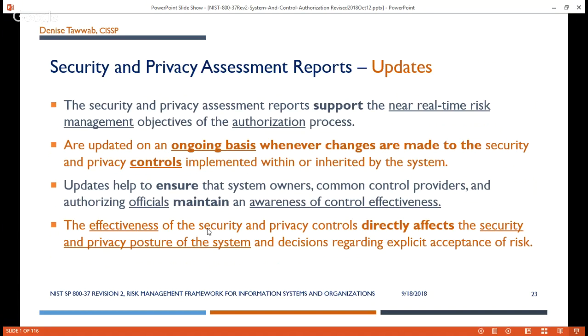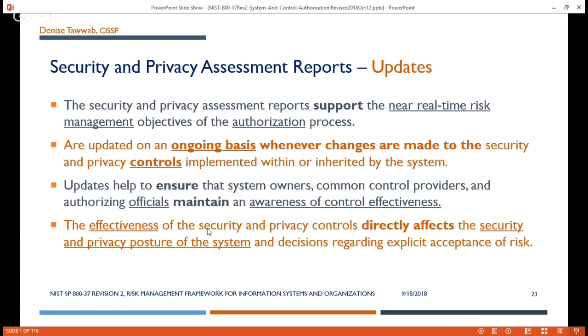The updates help to ensure that the system owners, the common control providers, and the authorizing officials maintain awareness of control effectiveness, because you can, in fact, have controls implemented and not have them implemented correctly, or not have them performing in the way that you thought they would, maybe because they're misconfigured or maybe because they're not appropriate for what it is that you're trying to do.